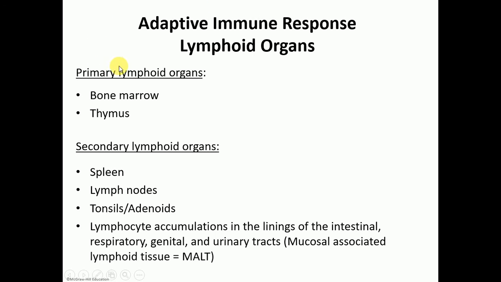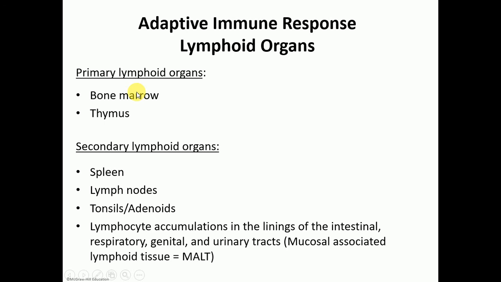So we have the primary lymphoid organs, and those are the bone marrow and thymus. Know that the bone marrow is where all of the hematopoietic cells are. If you remember that slide from the blood system, I'm not sure what chapter that was, we talked about T lymphocytes and B lymphocytes.